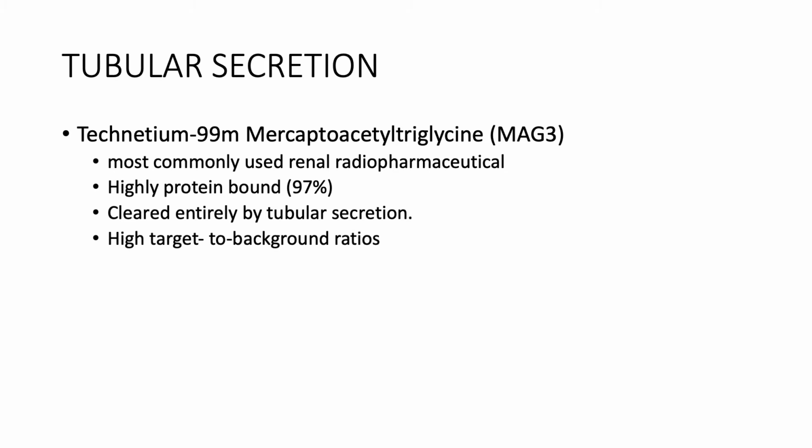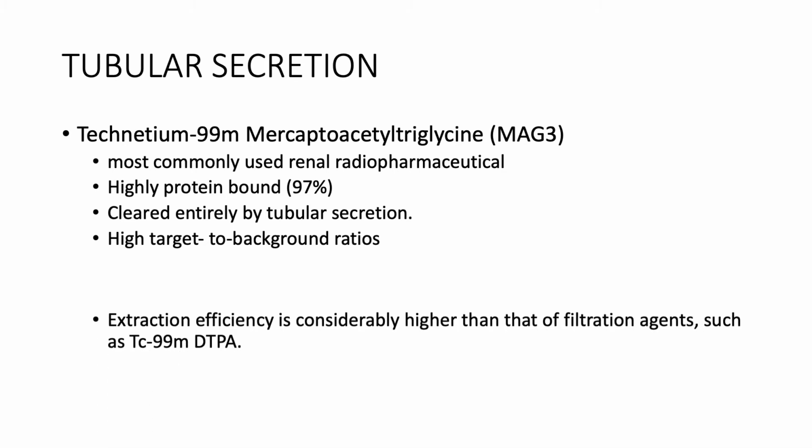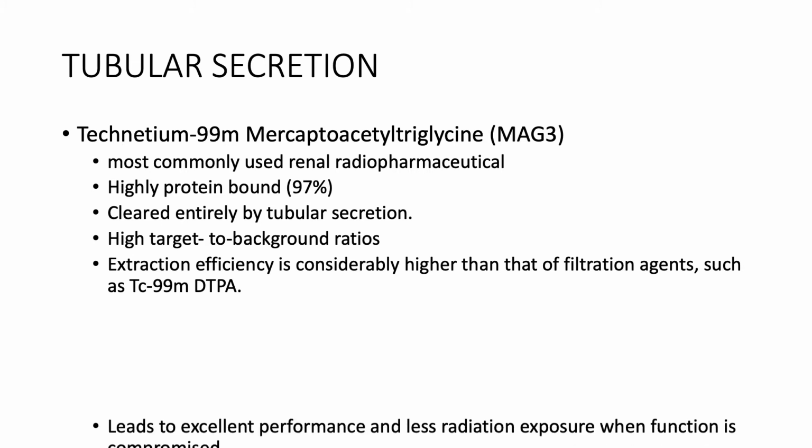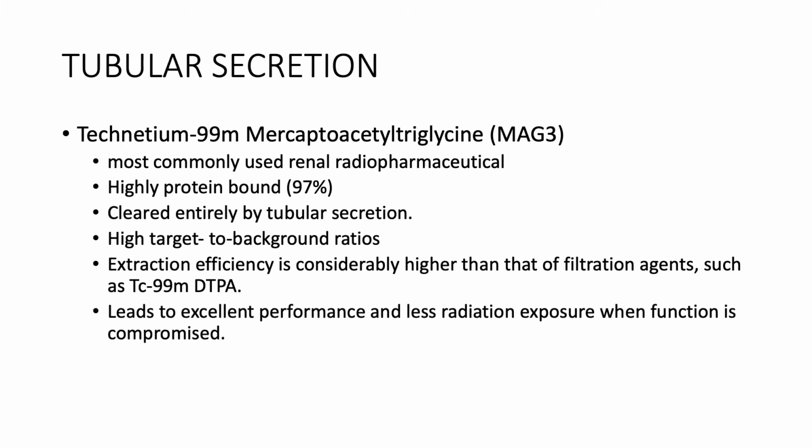Although its clearance is only about 60% of that of iodine-131 hippuran, the extraction efficiency is considerably higher than that of filtration agents such as technetium-99m DTPA. This leads to excellent performance and less radiation exposure when kidney function is bad or poor.